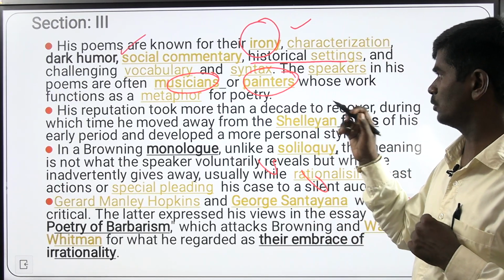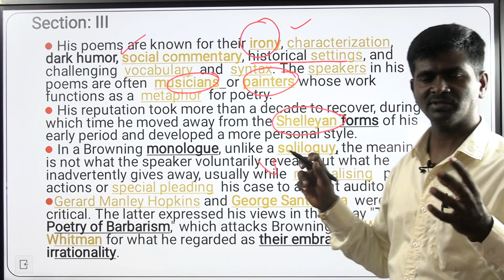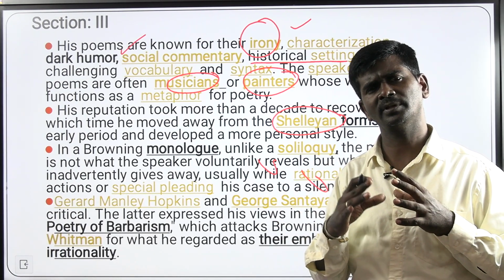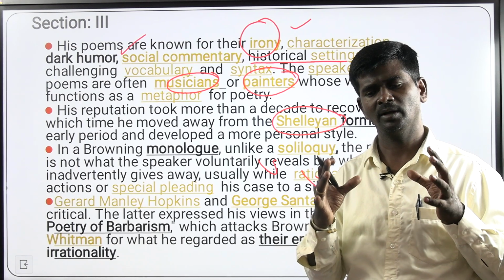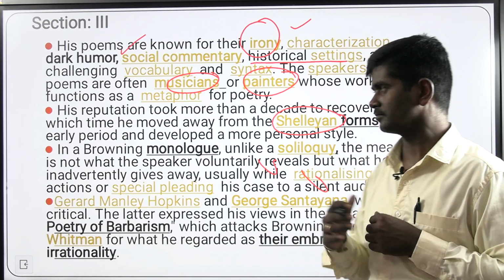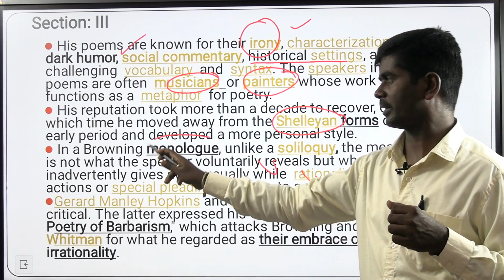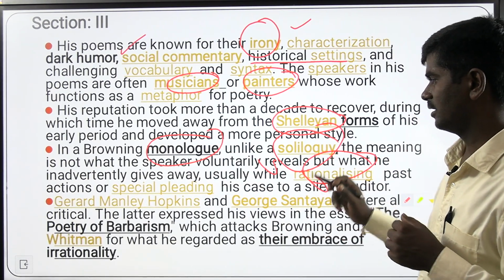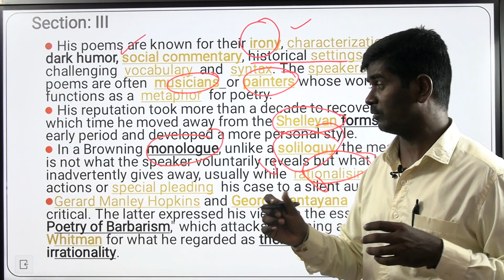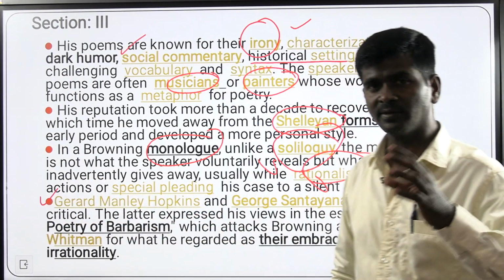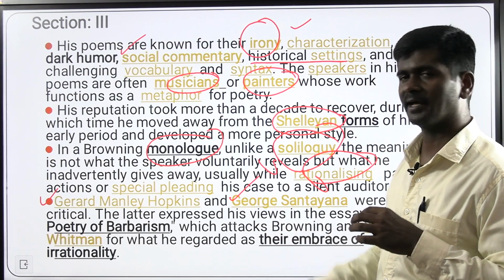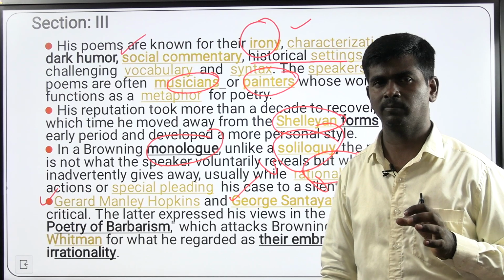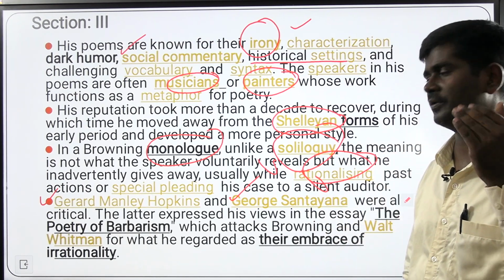Next, his reputation took more than a decade, because he was greatly influenced by Shelley and imitated Shelley for more than a decade, so people identified him with Shelley. And he is popular for dramatic monologues; he uses a lot of soliloquies and rationalizing. Very important: these are the two important writers, G.M. Hopkins and George Santayana, the two important critics who criticized Robert Browning through different essays.